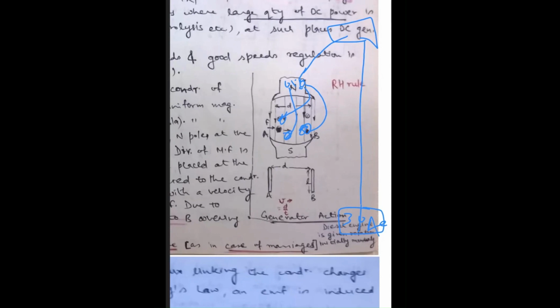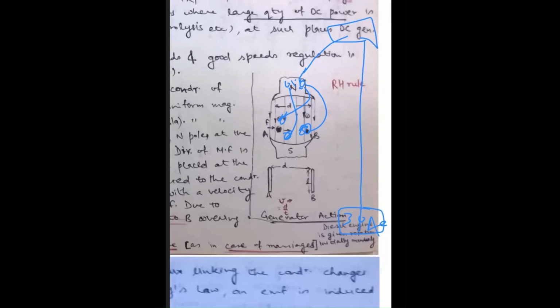In construction, DC machines, both DC motor and generator, are the same. Okay, principle is different, application differs, but the construction remains the same. So these are connected to armature coils in series or parallel. When they are connected in series, that machine is called a series motor or series generator. Similarly, if they are connected in parallel, then they are called a shunt motor or shunt generator.